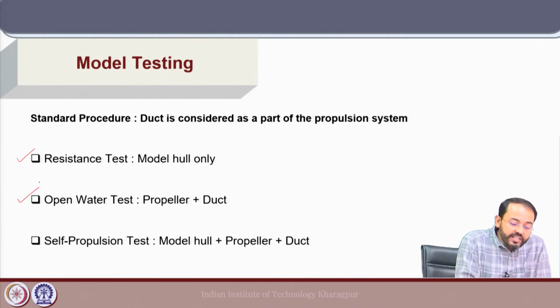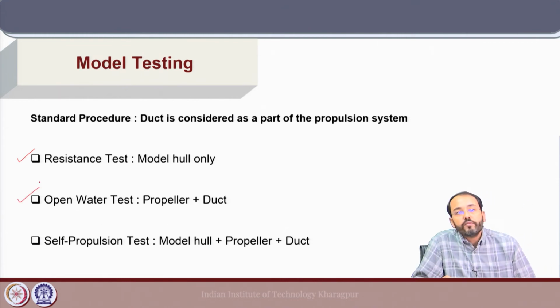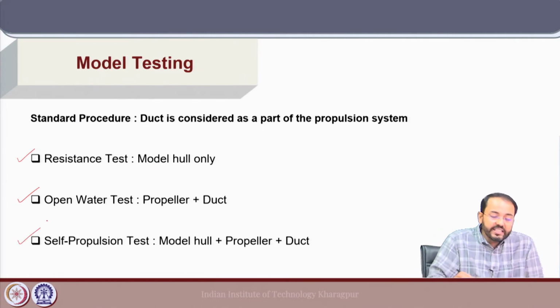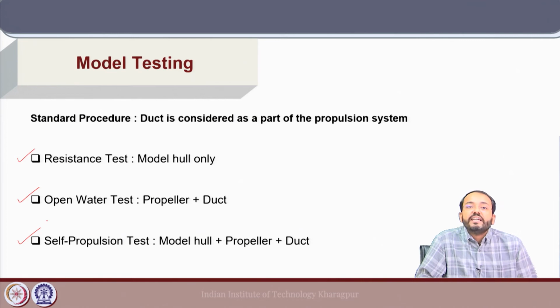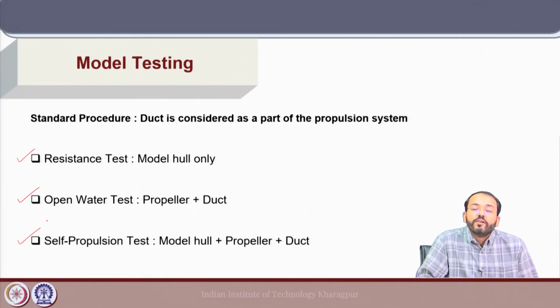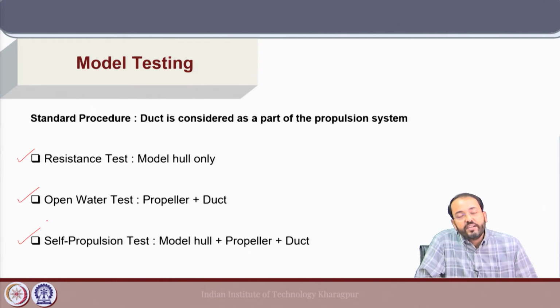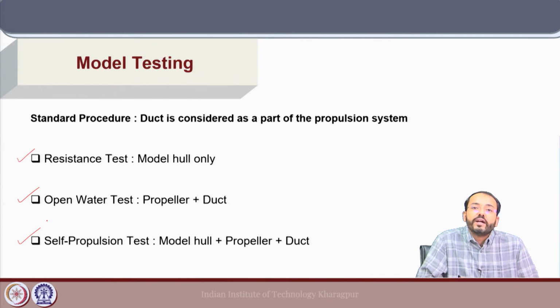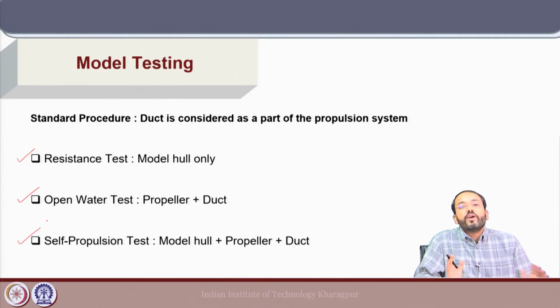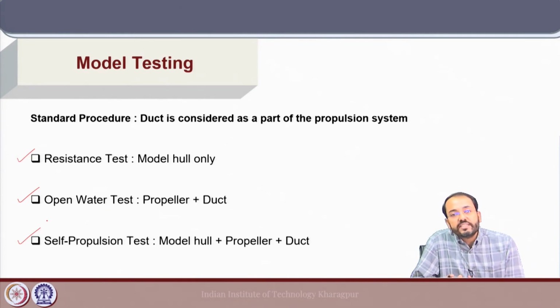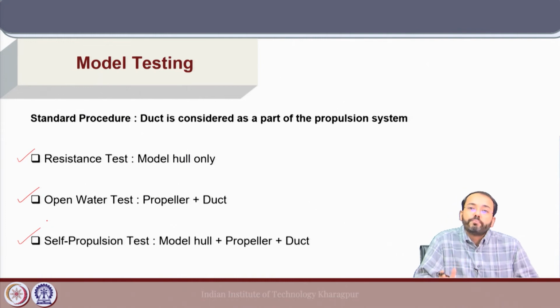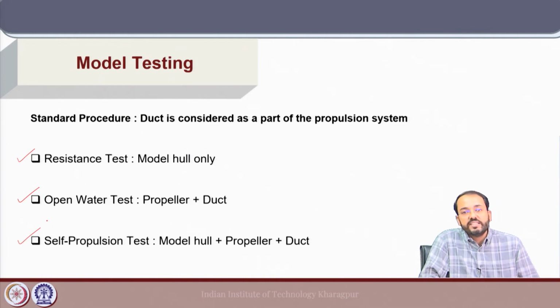The open water test is performed with the propeller inside the duct, and finally the self propulsion test is done for the model hull with the propeller and duct. So, a ducted propeller unit is considered as a single propulsion unit where the duct and propeller together produce the thrust which is required for the vessel to be propelled for a specific operation condition.